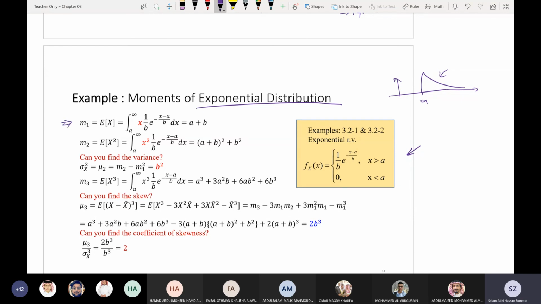What is m1, sorry? It's the PDF fx of x multiplied by x. Now you need to solve this by parts. You get a plus b, and we have found this before. It's a plus b. This is the average value.